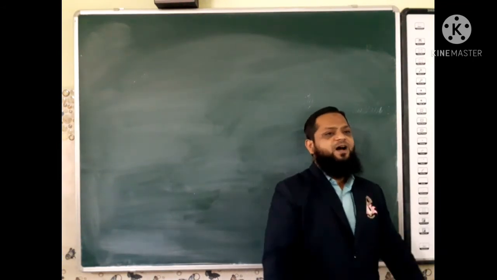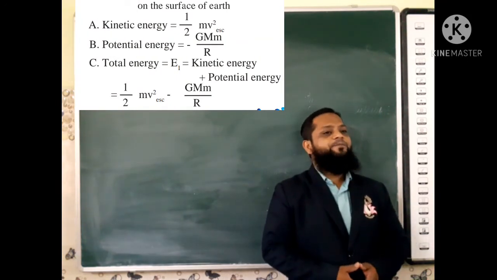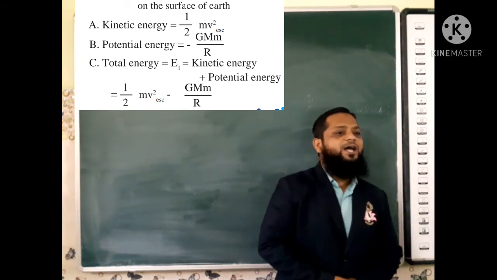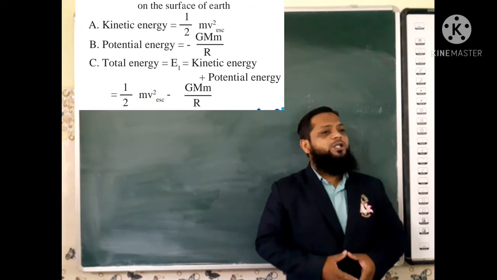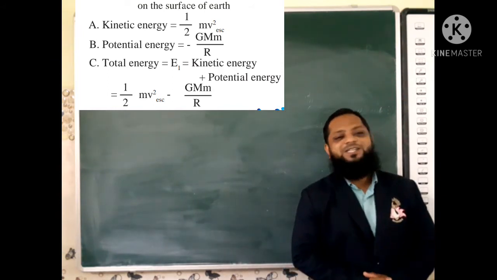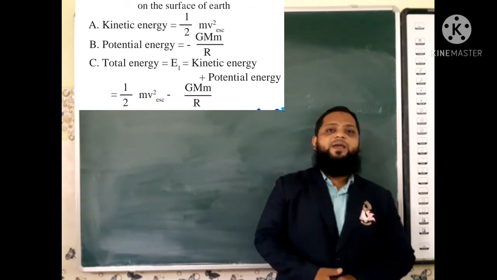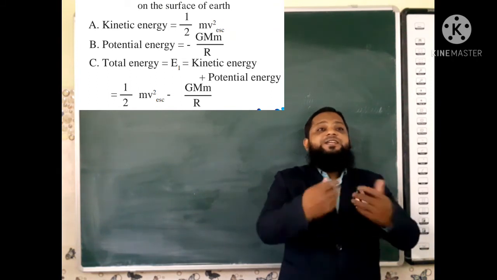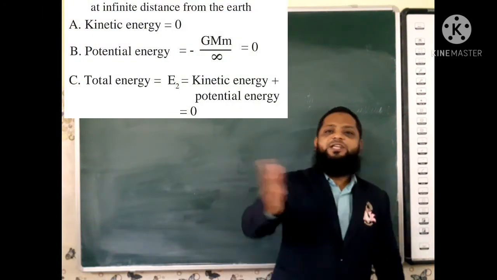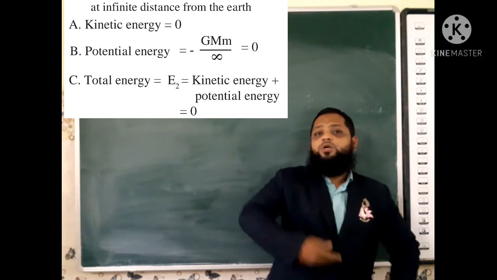On the surface of the earth, kinetic energy is equal to half mv square and potential energy is equal to minus GMm upon R. Total energy E1 is equal to kinetic energy plus potential energy, that is half mv square minus GMm upon R. At infinite distance from the earth, kinetic energy is equal to 0, and potential energy is equal to minus GMm upon infinity, which is equal to 0.